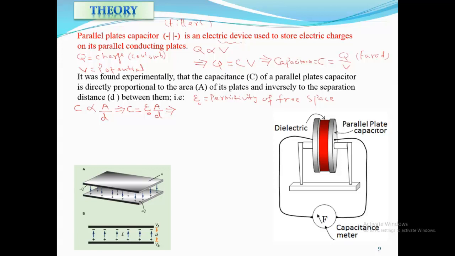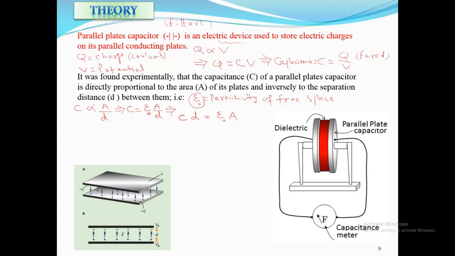So I can write C multiplied by D is equal to epsilon naught A. Now I'm going to write in terms of the slope, so that I would draw at the end a slope graph and find the slope to find this value epsilon naught.